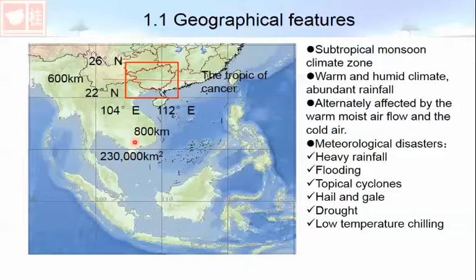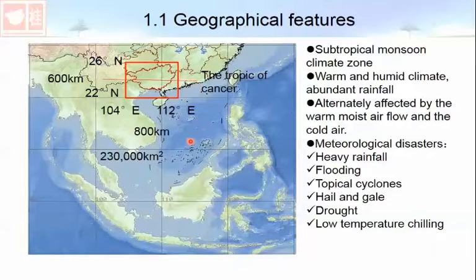Guangxi belongs to subtropical monsoon climate, with the tropical ocean on the south, Nanling Mountains in the north, Yunnan-Guizhou Plateau to the west, and the Tropic of Cancer crossing the center.